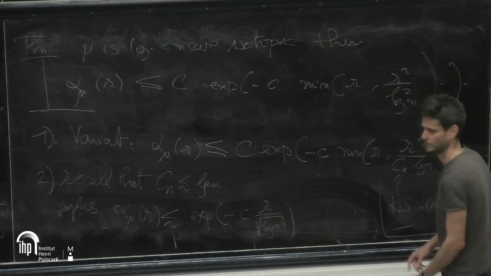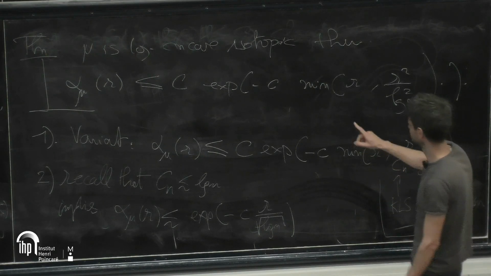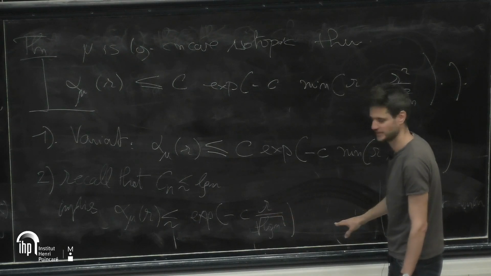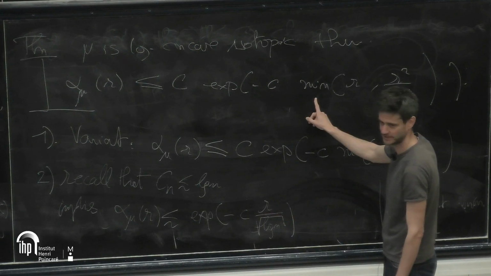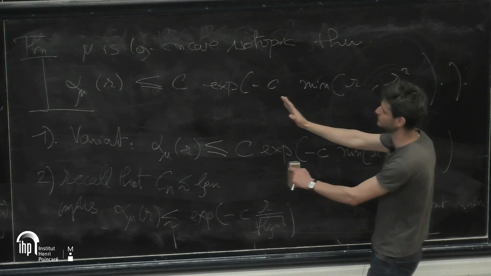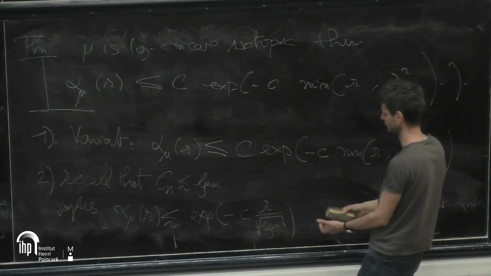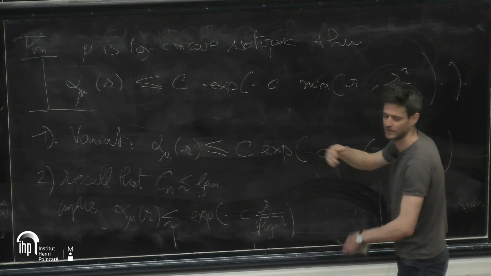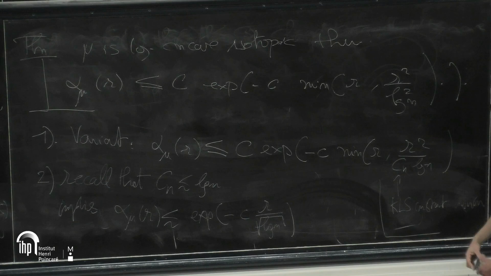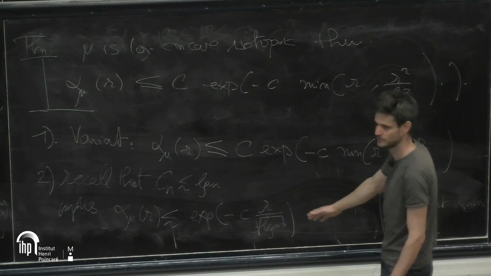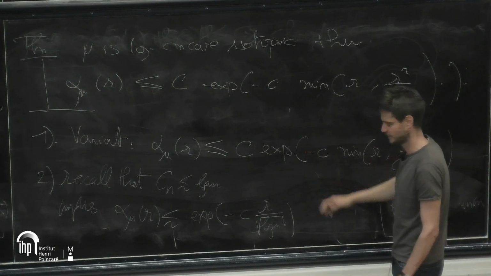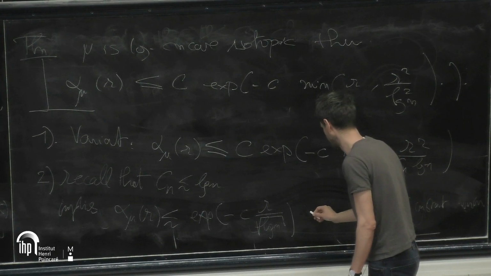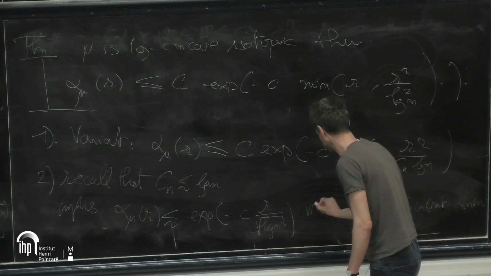Okay. Now, what is the comment? The comment is that this is not always better than that. It depends on the range. There are some ranges for which this is better than that. So I could write a better theorem where I put the maximum of this and this, but for the things I want to tell you later, I don't need this improved version. So all I'm saying is which is better.